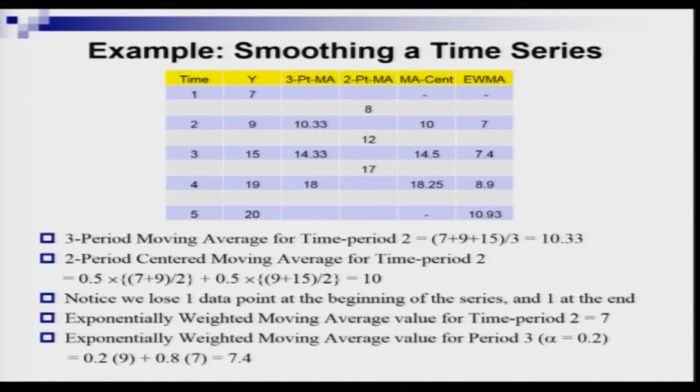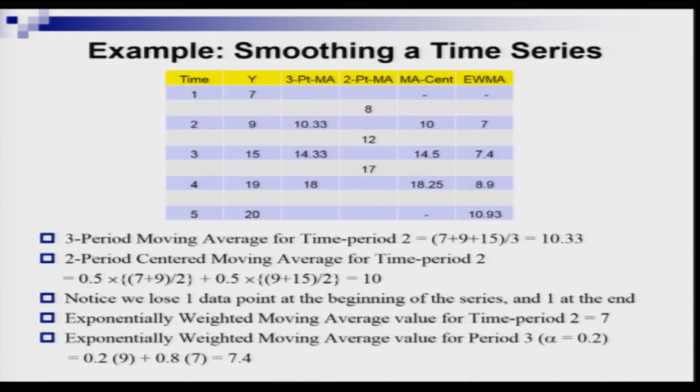Okay, now we move on to the case of the exponentially weighted moving average. If you remember, I told you that for the first time period the fitted value you can assume to be the value of time period 1. So the exponentially weighted moving average value for time period 2 will be the number 7 that you observe for time period 1.